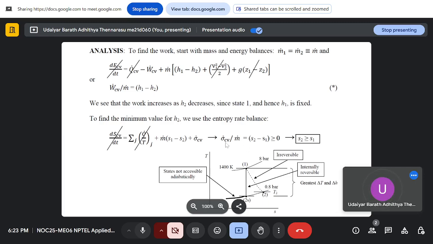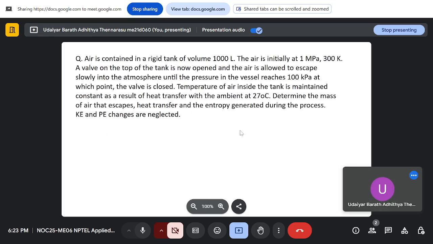By making the internal entropy generated 0, that is, by making the process internally reversible, S2 becomes equal to S1, and you follow an isentropic process. So you follow a reversible isentropic process, which gives you the maximum work done. Moving on to the next one.